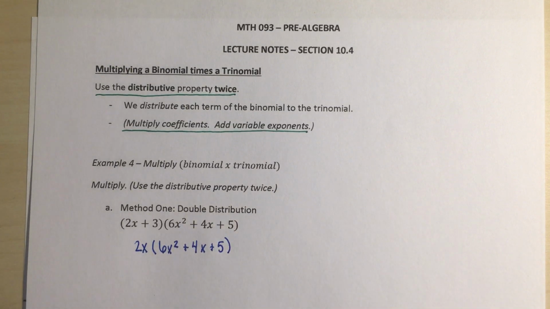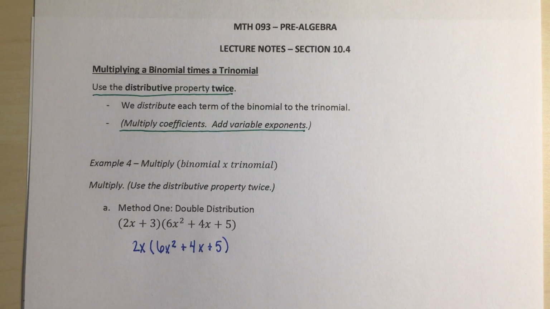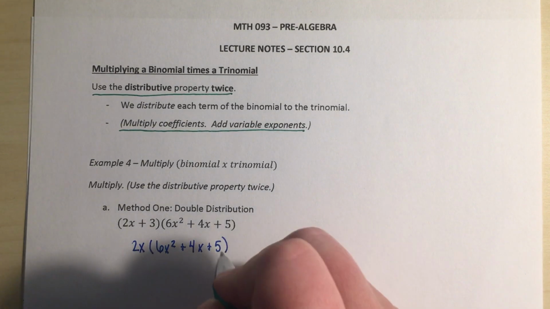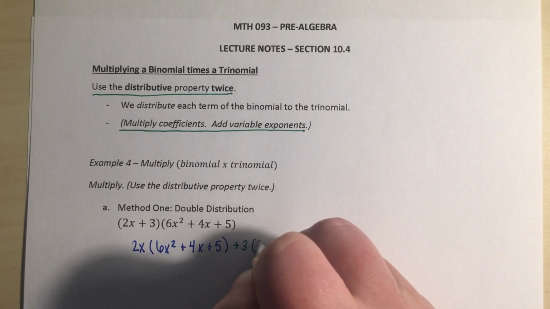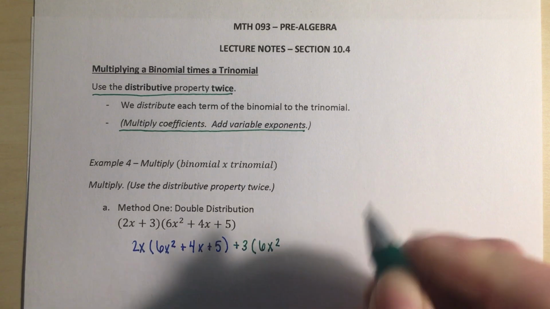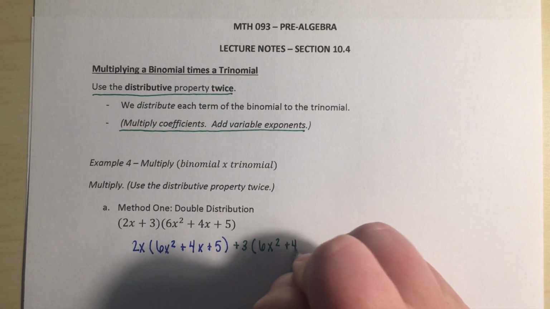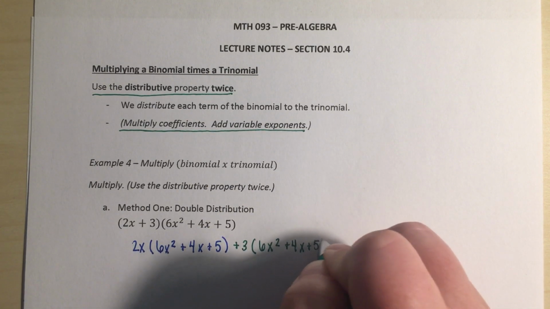We're going to distribute that 2x to that entire trinomial. Once we're done, we're going to distribute our other piece of our binomial, which is a positive 3, to our trinomial. So I'm going to put a plus 3 out here, and then again write the same trinomial, 6x squared plus 4x plus 5.